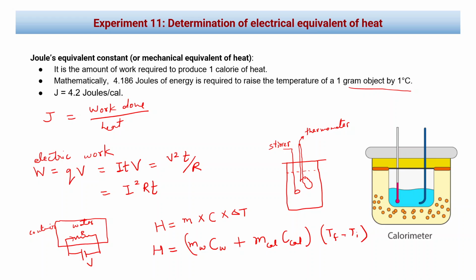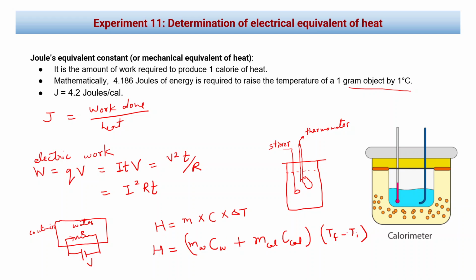So this will be the heat transferred to the water. When we perform this experiment, we will be able to calculate the final temperature and initial temperature; the mass of the calorimeter and water we can measure before performing the experiment, and the specific heat capacity of water and of whichever material the calorimeter is made of is known.